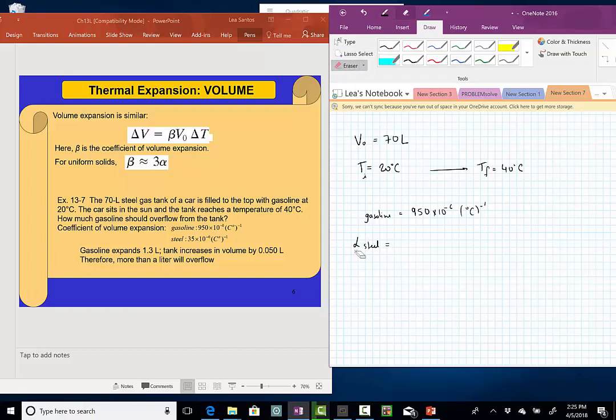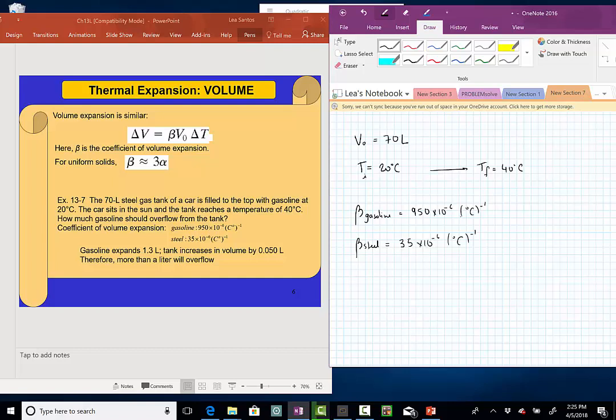Not alpha here. Now we are talking about volume, so it's beta. For steel, it's much less. It's 35 times 10 to the minus 6. So we know that the gasoline will expand much more, and since it's already at the top of the tank, it will then overflow. So that's the very dangerous scenario that I'm telling you about.